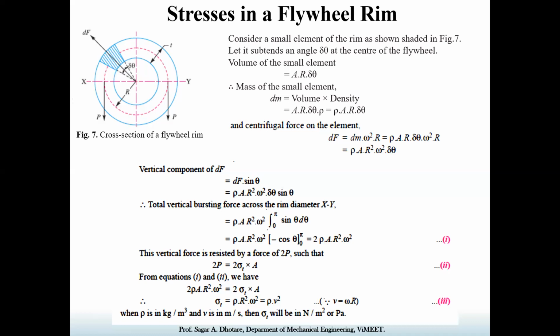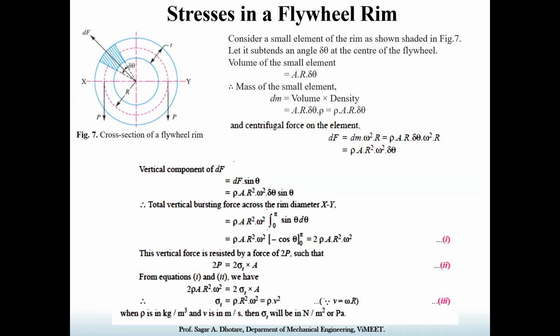What we get is equal to 2 rho A R square into omega square. Now this vertical force is resisted by the force of 2P, which can be calculated as 2 sigma t into A, that is tensile stress into area.